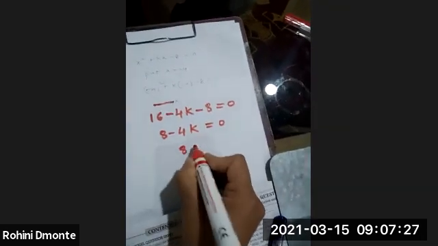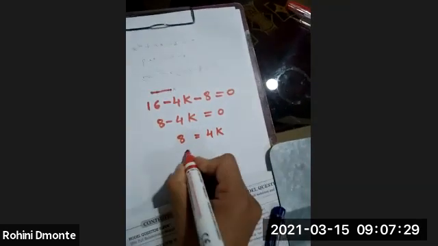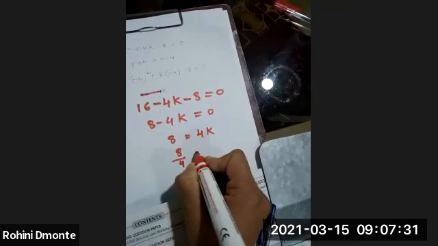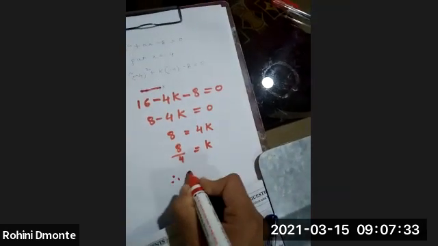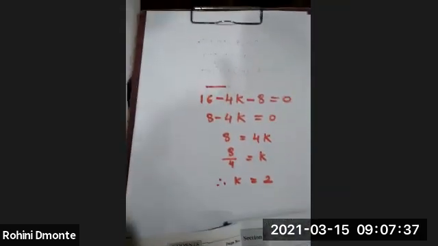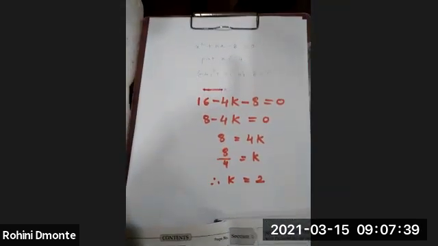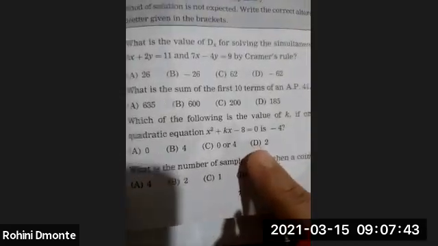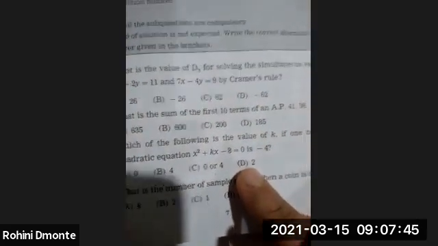So 8 is equal to 4k. So 8 divided by 4 is equal to k. So value of k is equal to 2, right? So here the option will be again the fourth one. See, you can see again here option will be the fourth one, right?